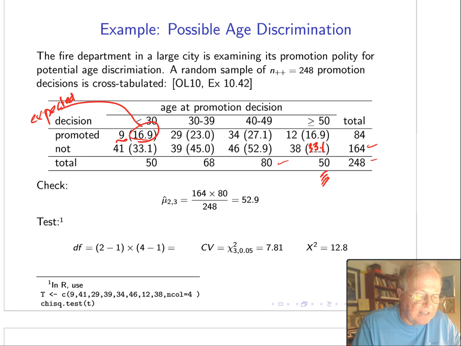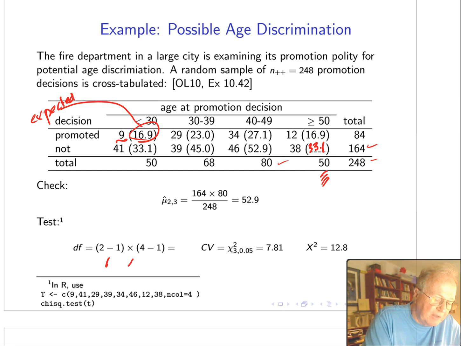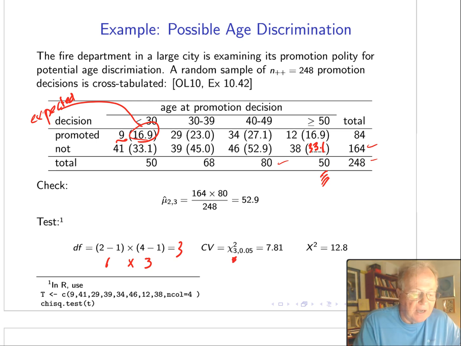Now I go ahead and calculate degrees of freedom. So two rows, 2 minus 1 is 1. 4 columns, 4 minus 1 is 3. So I have 3 degrees of freedom. Oh, put the answer right there, didn't I? If I look this up in the chi-square table, at the 5% level, the critical value is 7.81.